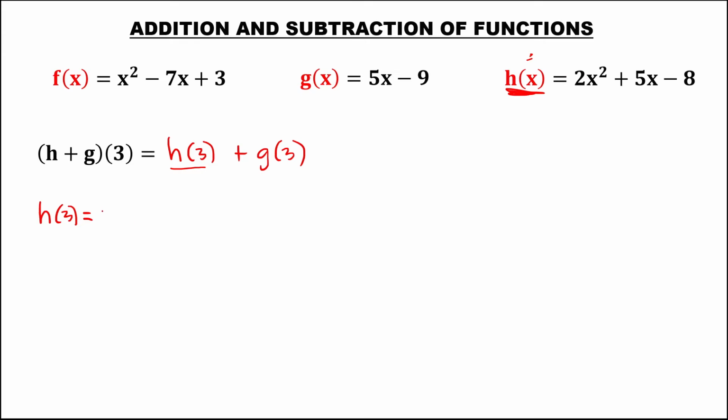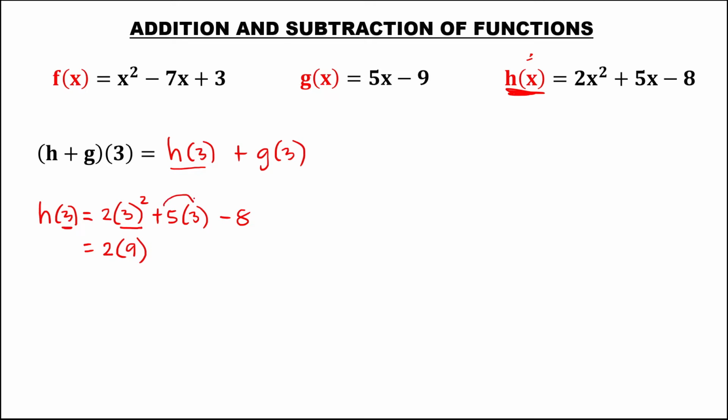So this becomes 2 times 3 to the power 2. Again, x is equal to 3. Then plus 5 times 3, then minus 8. And this is equal to 2 times this 3 squared. So 3 times 3 is 9.